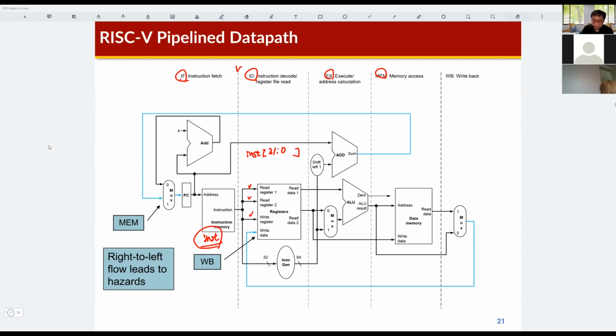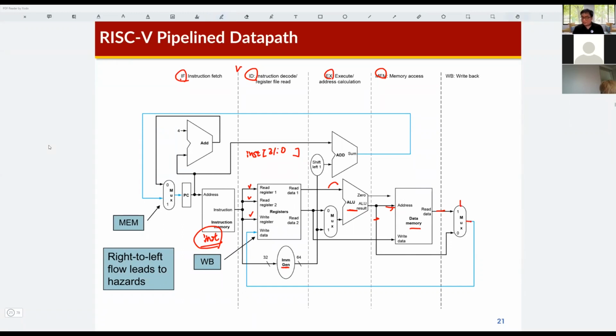Also, the immediate values can be generated from the instructions. The operands are given to the ALU, and based on the operation, the address can be generated, or the result of the ALU-type instruction can be generated from the ALU. This address is given to the data memory, and then the data is written back to the register file.